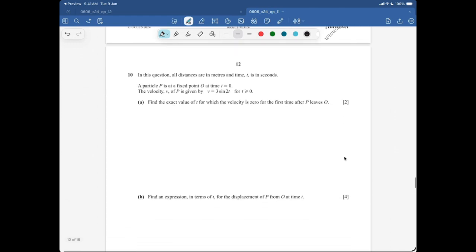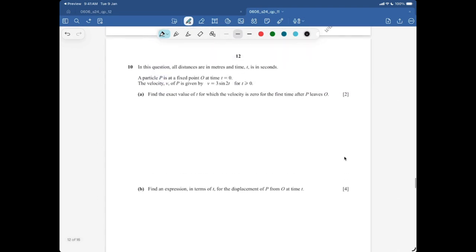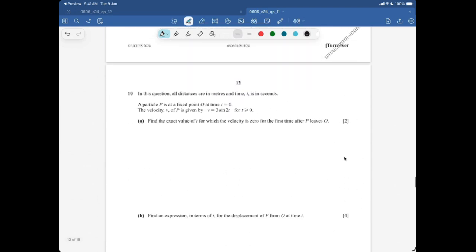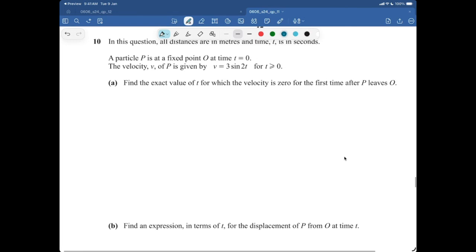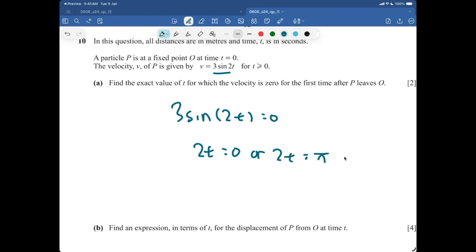Okay, so some kinematics. If the velocity is 0, so we have 3 sine 2t equals 0. So 2t equals 0, or 2t equals pi minus 0, which is pi.